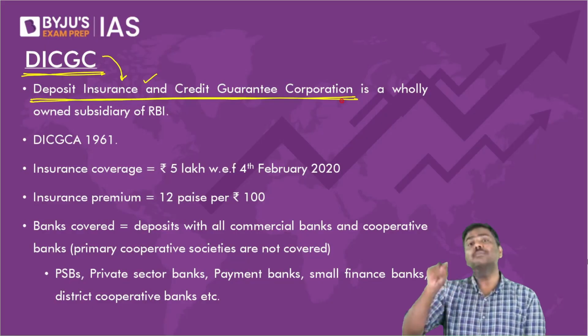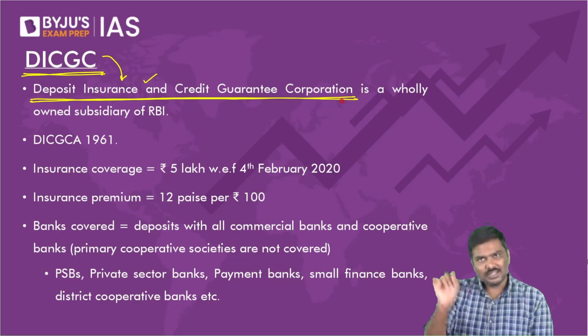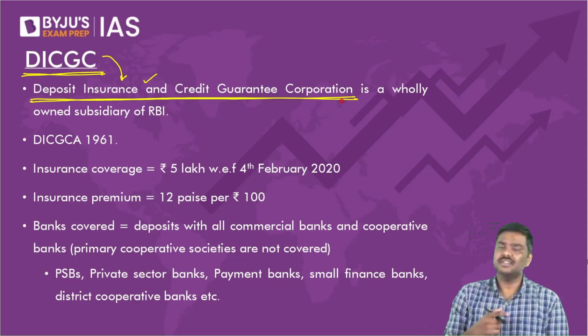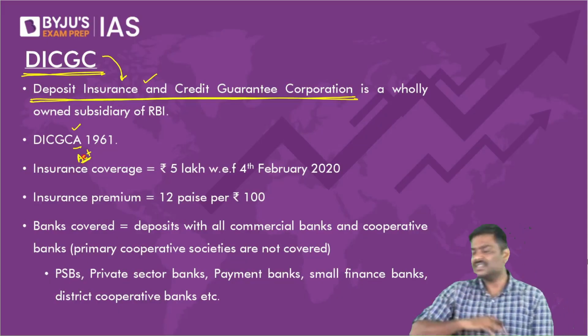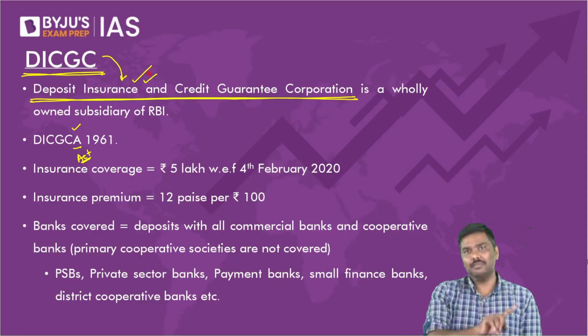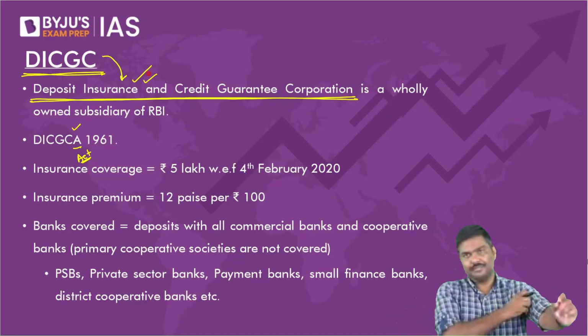Point number one, DICGC is owned by the Reserve Bank of India. The Government of India set up DICGC with the passage of the DICGC Act of 1961, under which we have an authority by the name of DICGC.